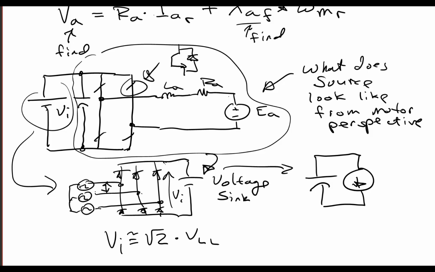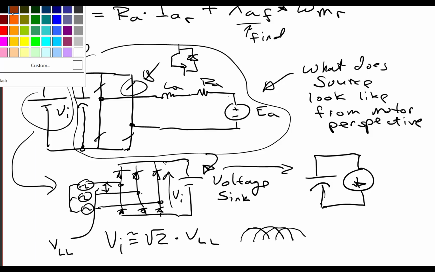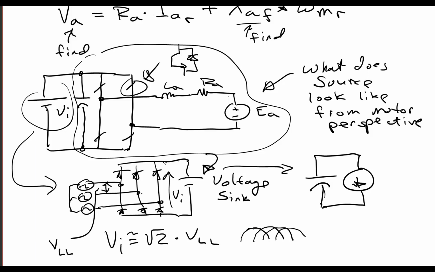I had this in the notes I posted. You know, you can get technical about this. There's a little bit of ripple on the capacitor, but for the most part, what the capacitor does is it completely smooths out. You've got 6 pulse rectified voltages, and it's going to basically try to run right along the top of those, and create V sub I from the peaks.